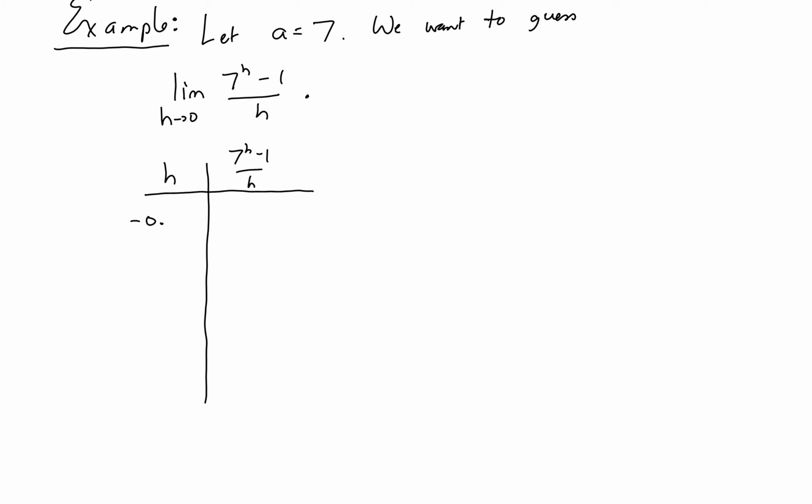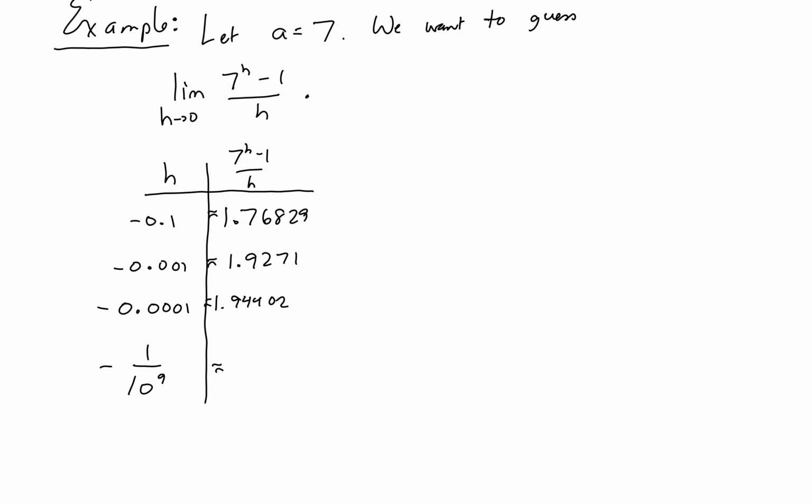And so let's start off, and then let's take a big jump and go all the way to negative 1 over 10 to the 9. So that's a really small number. We have 9 zeros there. So if we evaluate these, we get approximately 1.7682, 1.9271, 1.94402, and then this one is approximately 1.94591.